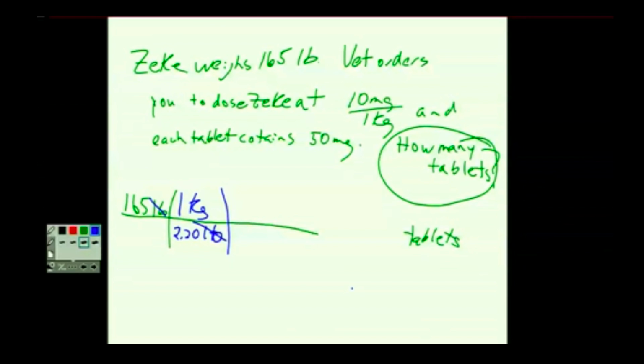So this step works. Now the next step is I have to find something to change kilograms into something else. I can change it into milligrams because this fact right here tells me that 1 kilogram needs 10 milligrams of medicine, right? So kilograms cancel.